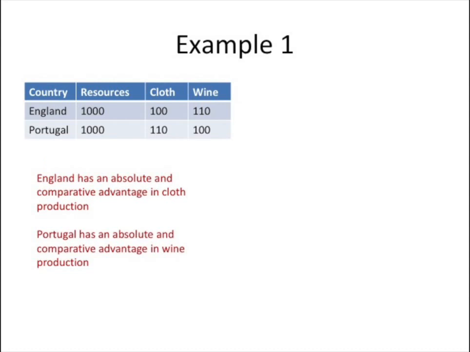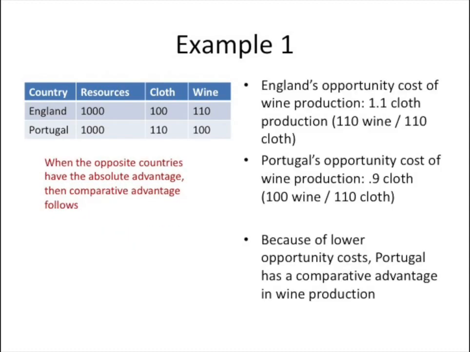I have now erased the calculation of cloth production's opportunity cost and comparative advantage, and I'm going to do it for wine production. Although already in the two-country, two-variable case, we should know that Portugal has the comparative advantage in wine production. It has to happen by default.